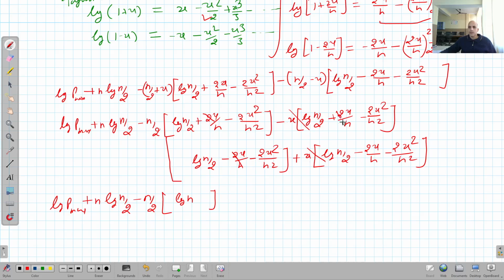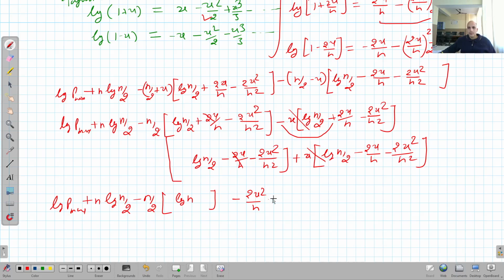So this thing, and it will become minus, sorry, it will not cancel out because it will become minus, clear, and x will be multiplied, obviously, minus 2x square upon n. We will get a term minus 2x square upon n.